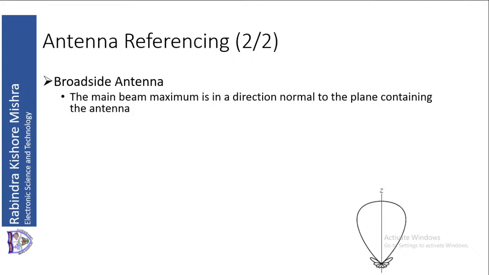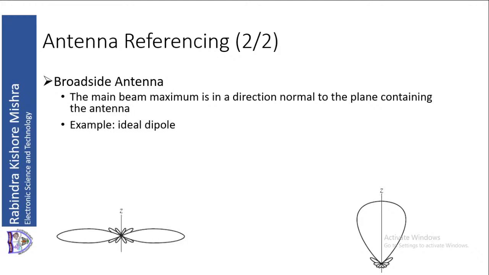So the main beam maximum is in a direction normal to the plane containing the antenna. An example is again an ideal dipole; a properly oriented ideal dipole will give you this type of beam.